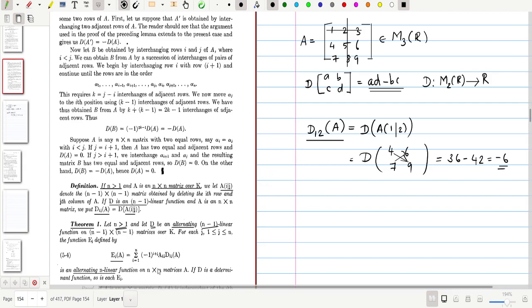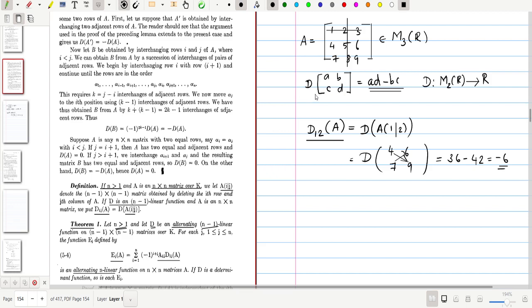So how will you construct that n linear function? Using this d, we define Ej of A as the sum of (minus 1) to the power i plus j, a_ij, d_ij of A, summed up over i. I'll illustrate this idea here.